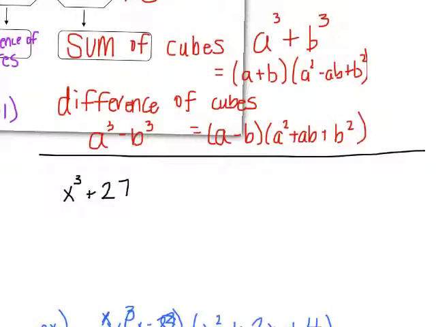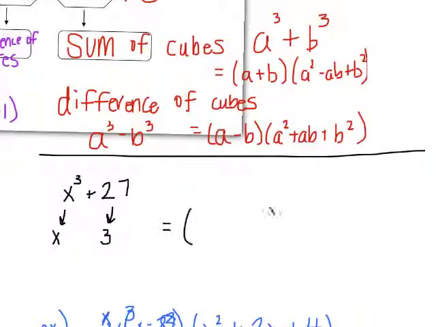Hopefully 2 cubed is 8, 3 cubed is 27, and 4 cubed is 64 is reasonable at this point, and we'll try to increase those numbers as we go on. All right, so the cube root of x cubed is x, and the cube root of 27 is 3. And this is a sum.